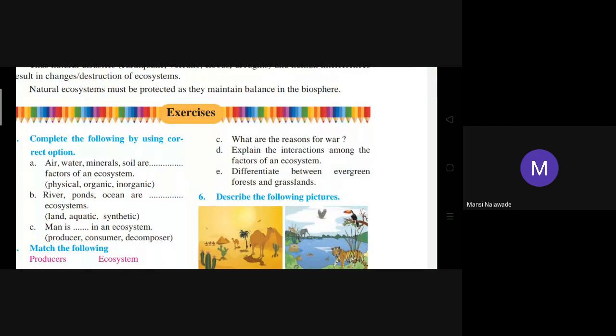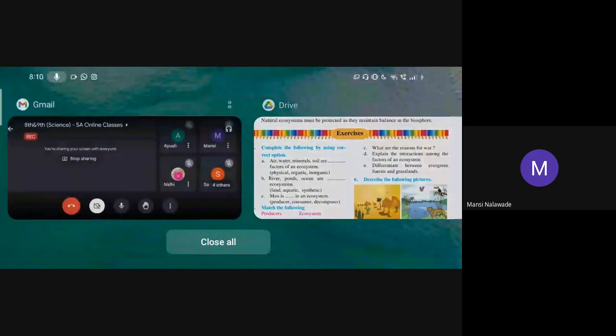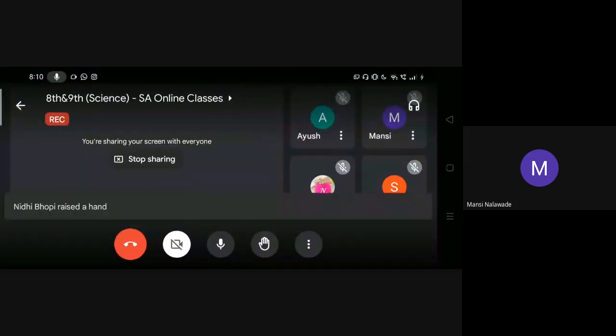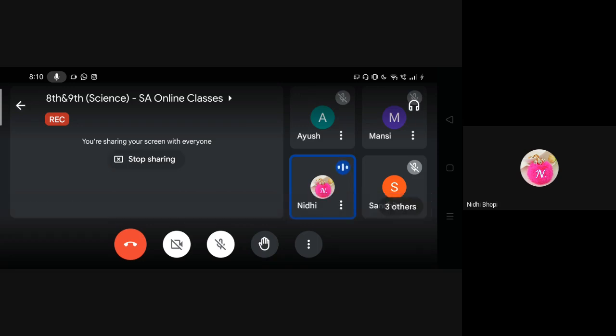Explain the interaction among the factors of an ecosystem. Yes, Nidhi. Yes, ma'am. Human population growth rate is very big as compared to other animals. Moreover, they are the apex consumer in an ecosystem. Just like any other organisms, the ecosystem provides all the basic needs to humans too.